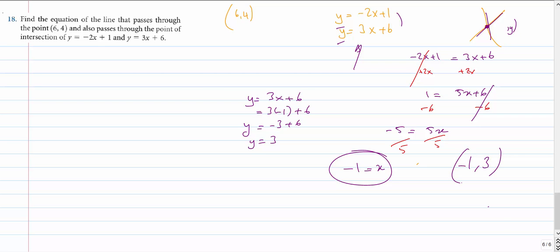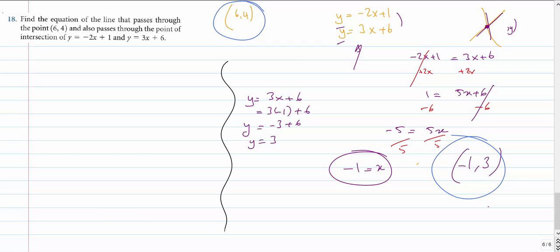So the equation, now they're asking the equation that goes through these two points. All right, so my points are (6, 4) and (negative 1, 3). Slope is change in y over change in x. 4 minus 3, 6 minus negative 1. So 1 over 7. That's my slope.